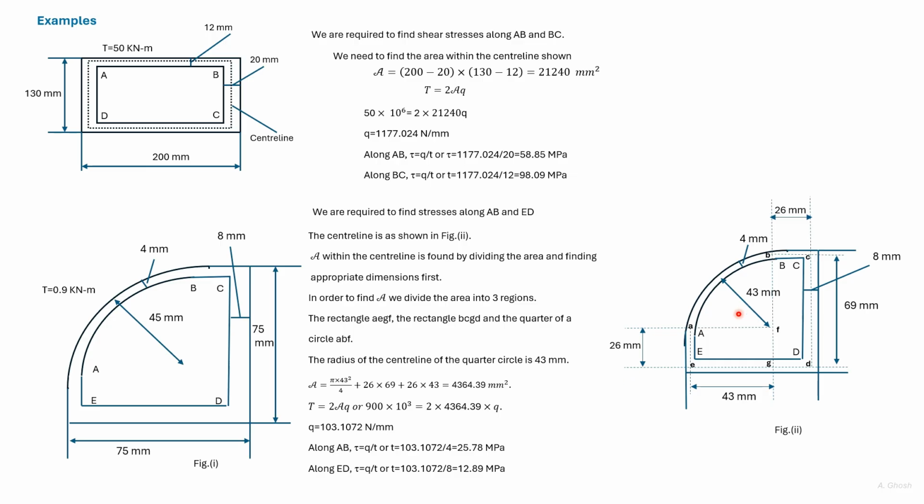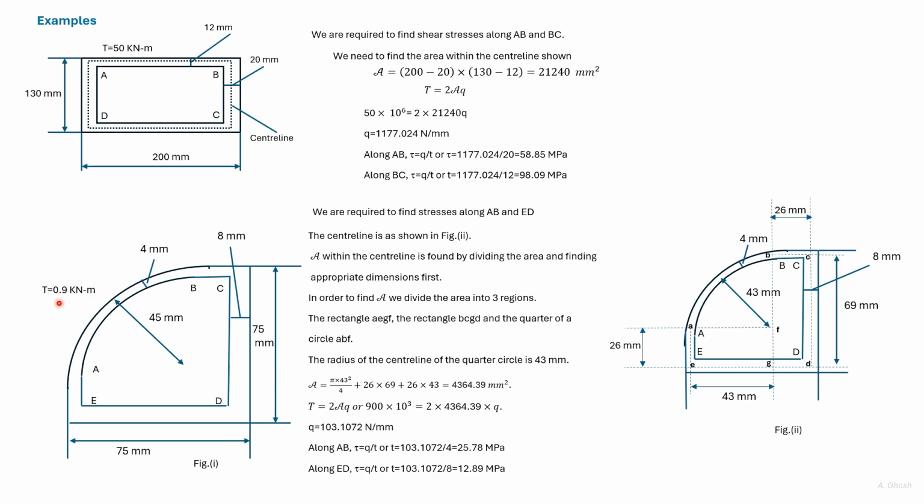So the area of this quarter of a circle is pi r squared divided by 4, plus the area of this rectangle, which is this dimension multiplied by this dimension, plus the area of AFGE, which is this dimension multiplied by this dimension.